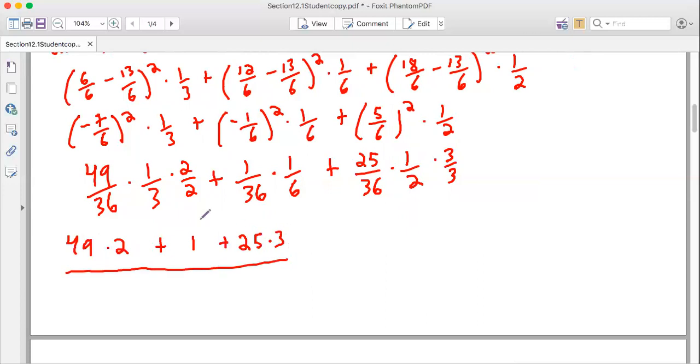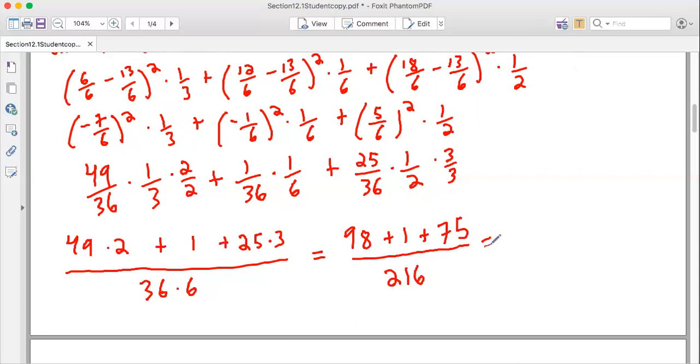And this is all divided by my common denominator, 36 times 6. And then here we can work through the rest of this. 49 times 2, what is that? 98, plus 1, plus 25 times 3, you got 3/4, you got 75 cents, so that's 75. Divided by 36 times 6, we said that is 216.